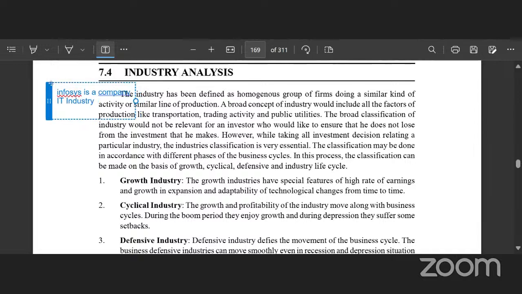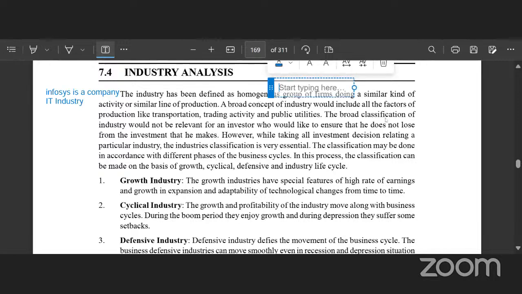A company is a single entity, whereas an industry is a homogeneous group of firms. Homogeneous in the sense that all the firms in the industry must be of a similar kind, with similar activity or a similar line of production.